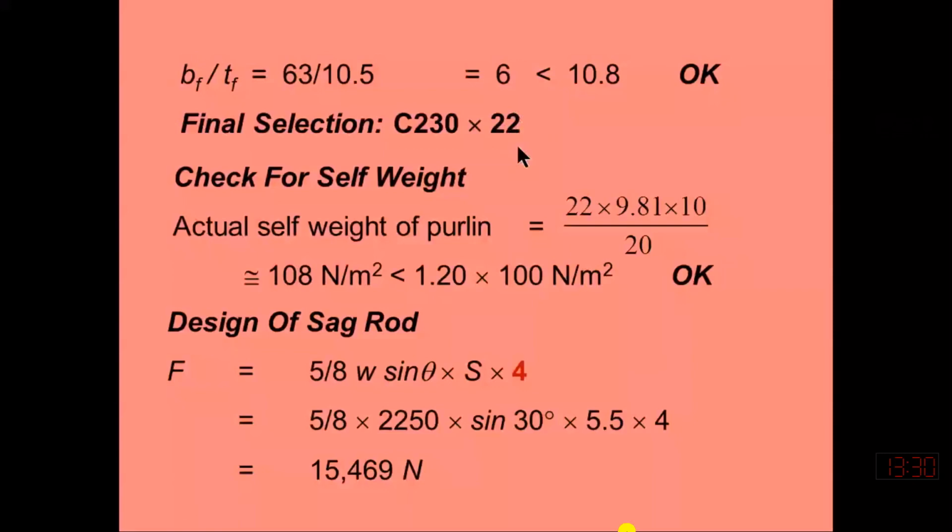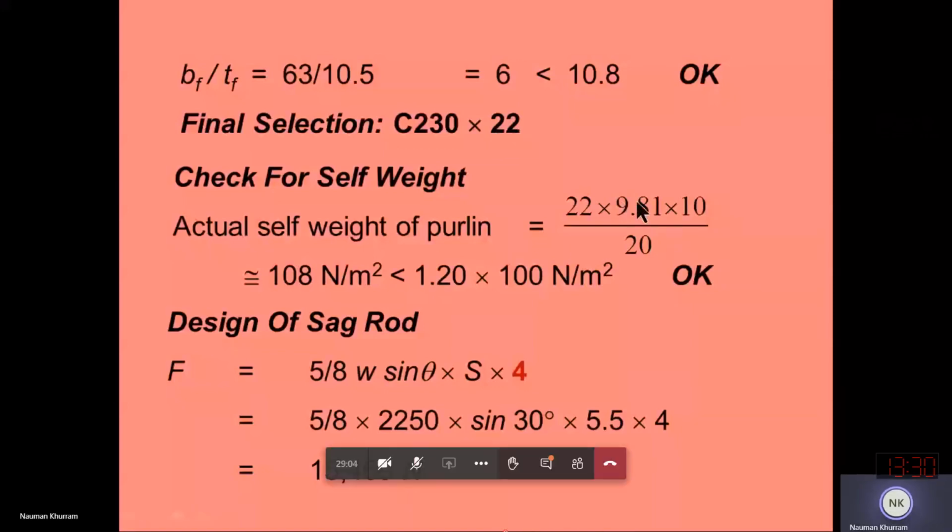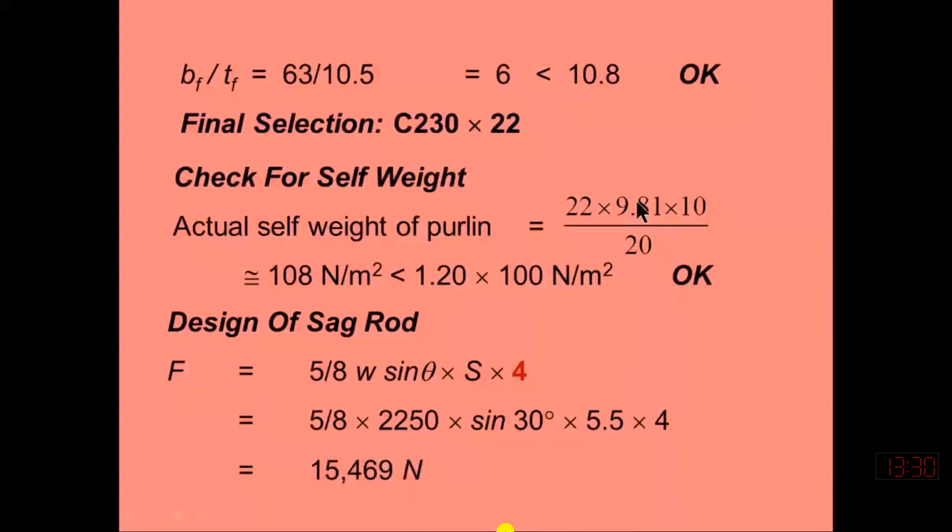The actual self weight of the purlin is 22, multiplied by 9.81 to convert into Newton. 10 is the total length on one side, because the total truss length is 20 meters, and the number of panels on one side is 4.